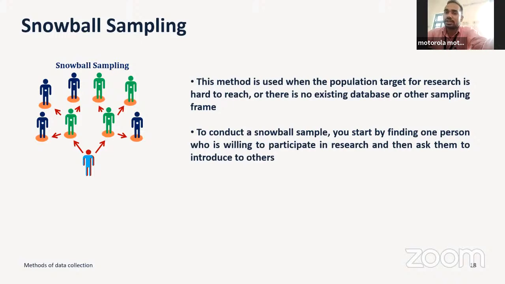It means it is a chain. So it is chain-based sampling, based on the participation of one individual who will refer another individual, and that way we gather our sample for the study. We call it the snowball sampling method. Next slide, sir.